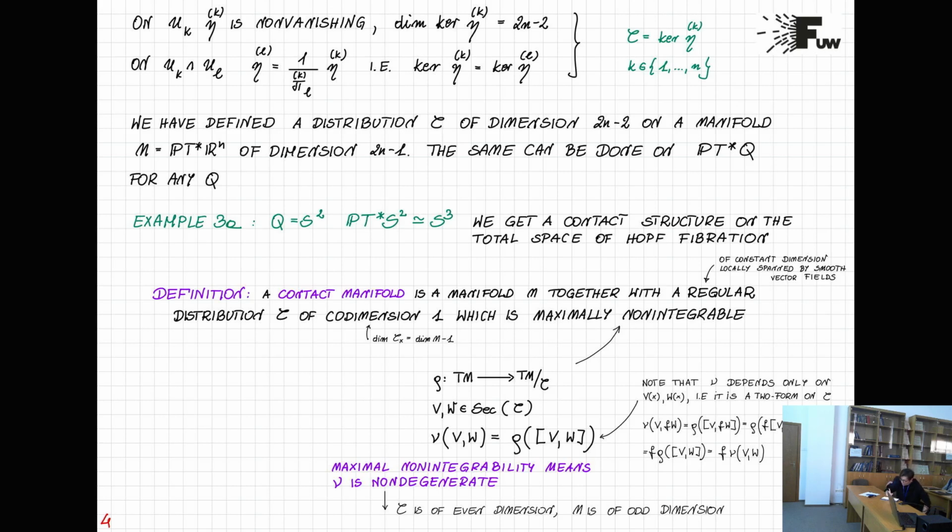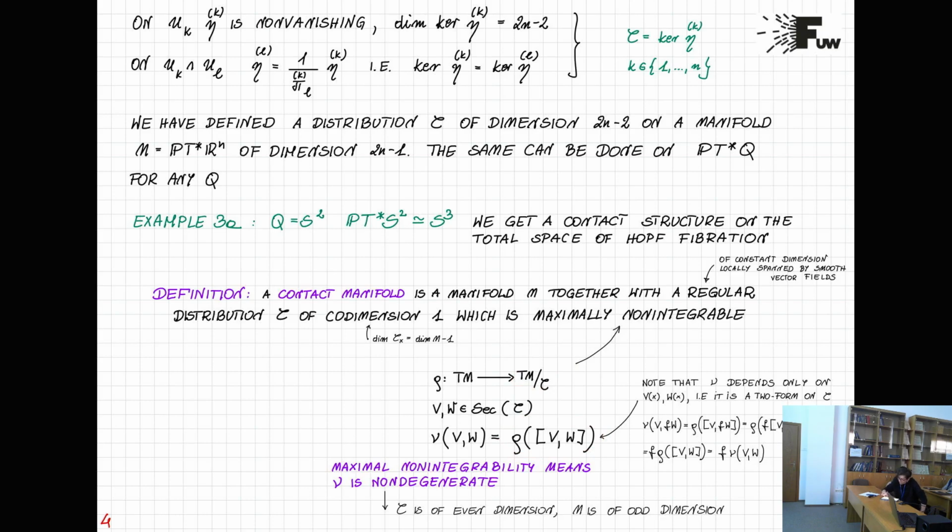So we take two sections of our distribution, two vector fields with values belonging to the distribution, and we define our two form in the following way. To apply this two form, we take the bracket of those two vector fields and use the projection. So these have values in the line bundle that I mentioned before.